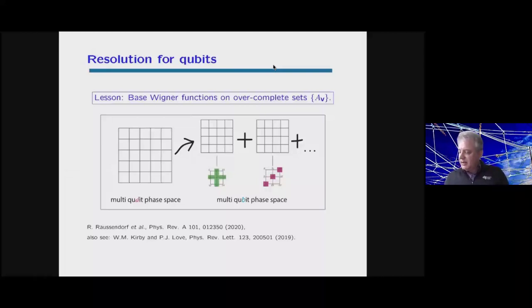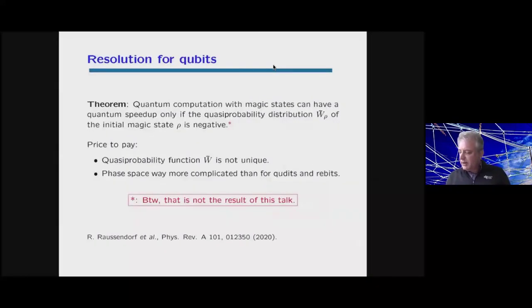The price to pay is that you have an over-complete set now, and your phase space has a very complicated structure. It's no longer a simple grid that you can travel by translation. But if you're willing to pay that price, then you can establish exactly the same result that Emerson and company had established earlier in odd dimension.